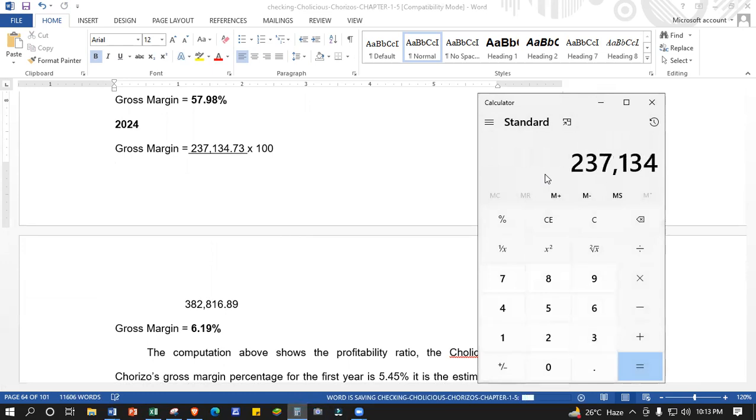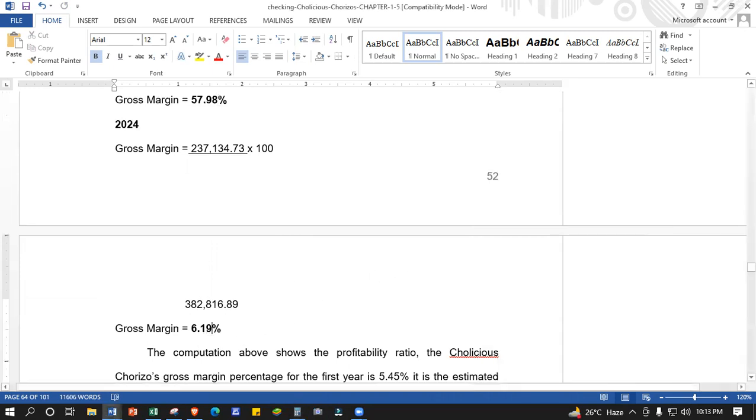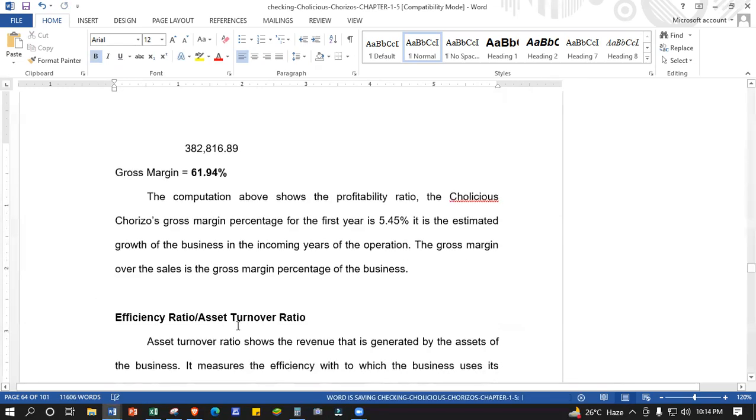Again, make sure that these figures are the same as those in your financial statement. I won't check them, since I'll have them checked against the advice sheet. So, at the very least, you know the process. So, it should be 61.94. Okay, so that's the gross margin.